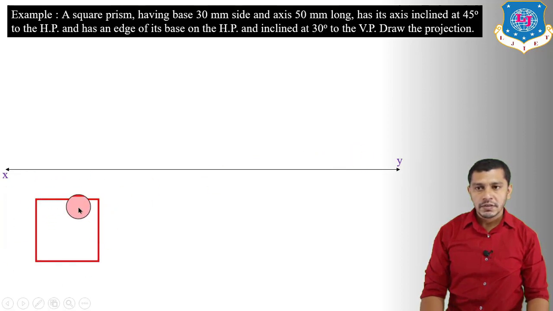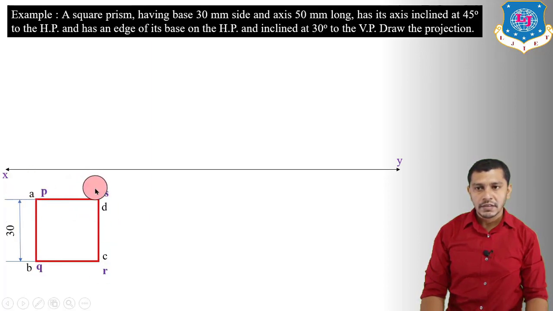So the top view will be a square because it is a square prism, which will show the top view of its base and the top face. So ABCD is the base, and we have discussed that if the square prism is standing on HP, then the top view will be the true shape of its base and the top face. So here we have to show the top face also.